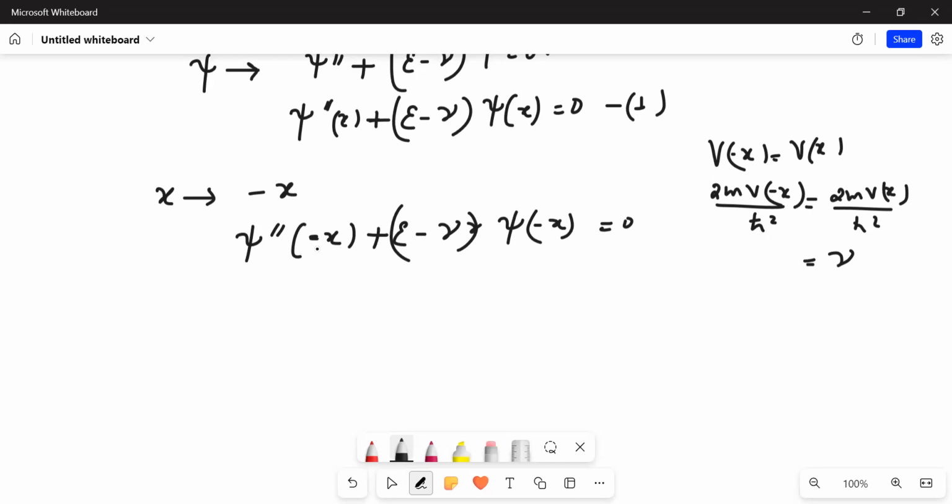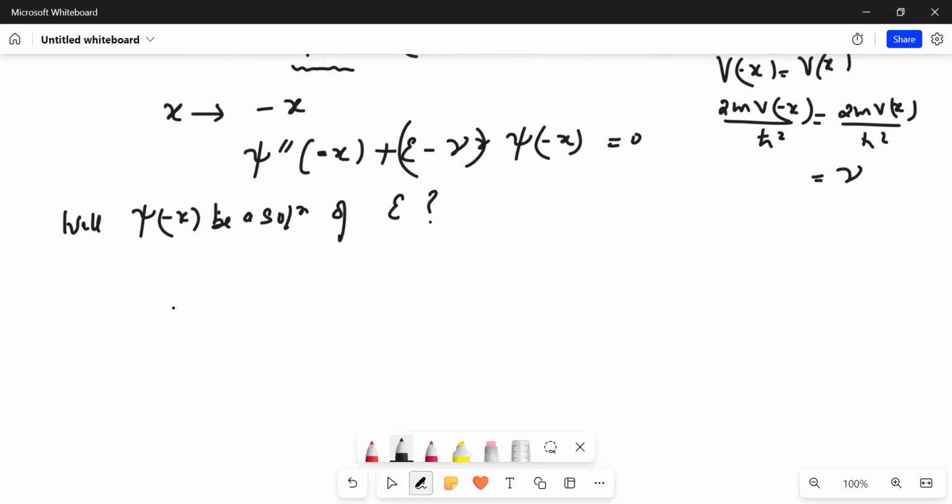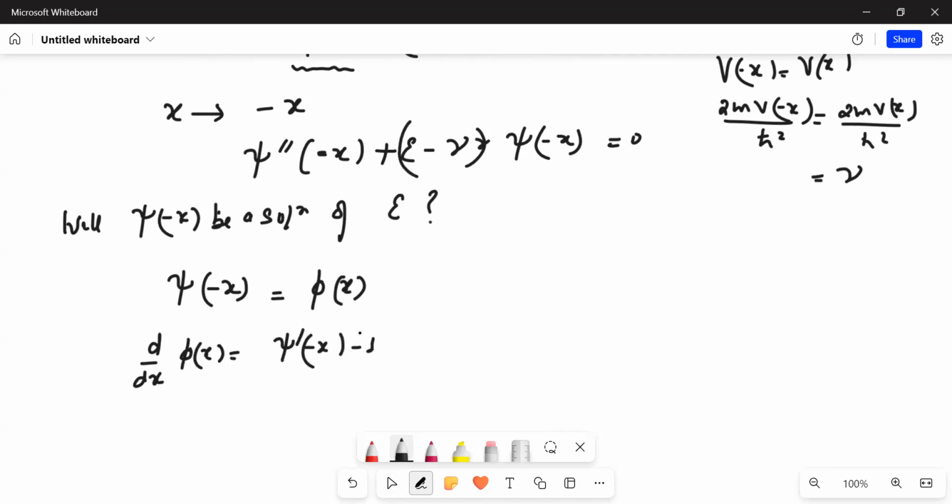Somebody may get confused and ask: will psi of minus x be a solution of the Schrödinger equation with the same energy, epsilon? Let's say psi of minus x is simply phi of x. This implies that d phi by dx gives a factor of minus 1.